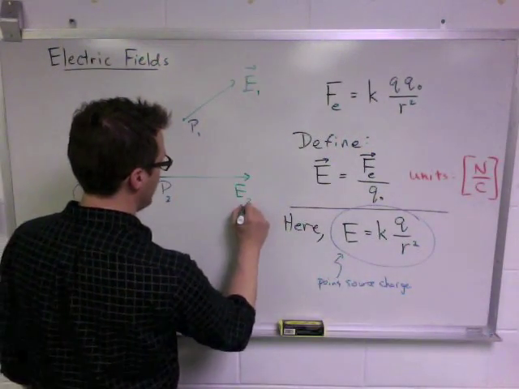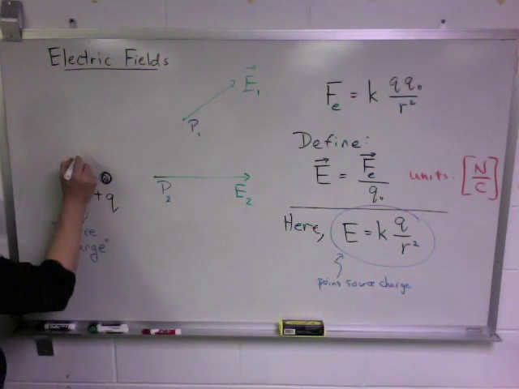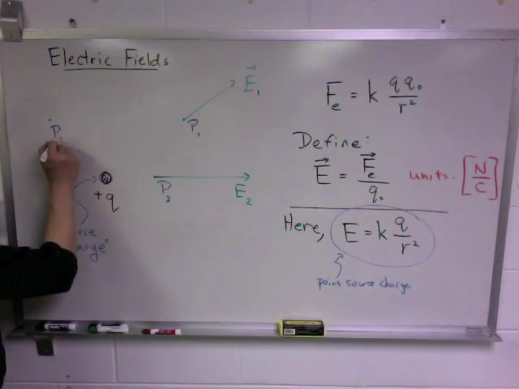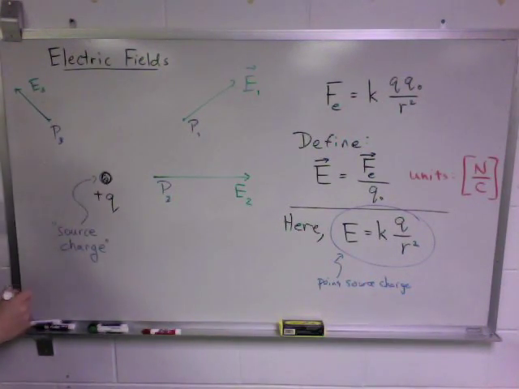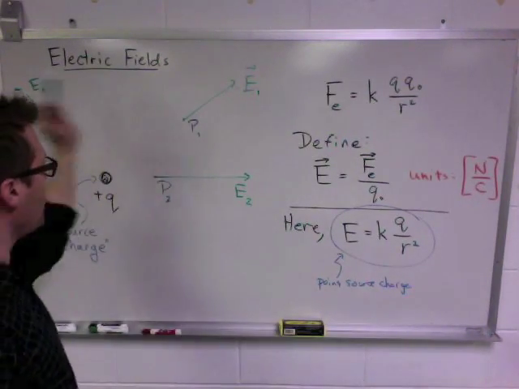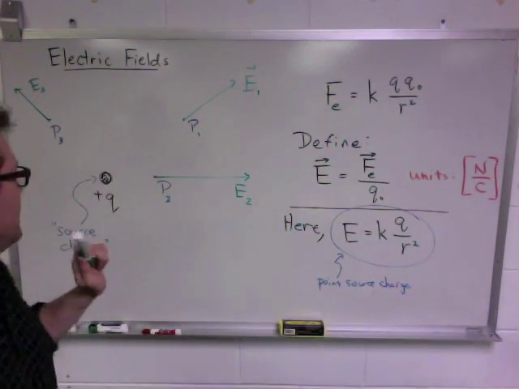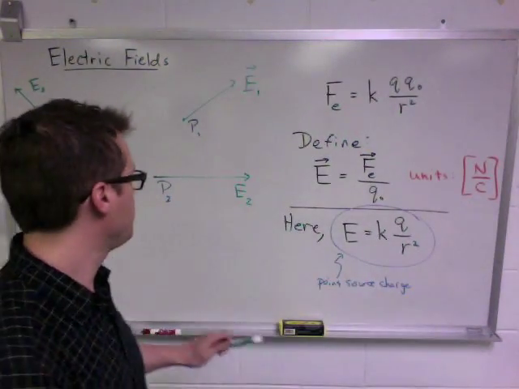So this would be my electric field E2. I can pick an additional point over here, call it P3. Electric field now has a value at all points in space, right? Even though there's only one charge, the source charge.